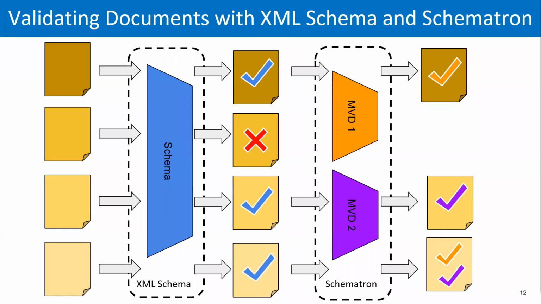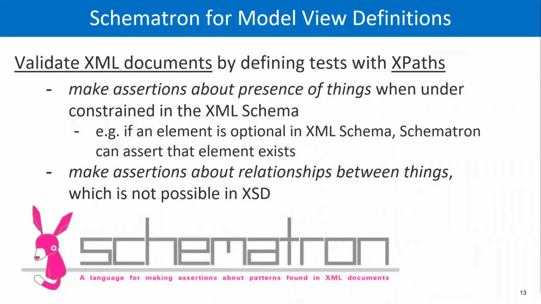Next slide. So to actually explain what Schematron is, it lets you validate XML documents by writing tests in the format of XPaths, which is really cool. One thing you might say is, well, if your schema is under-constrained, why don't you just write another schema?